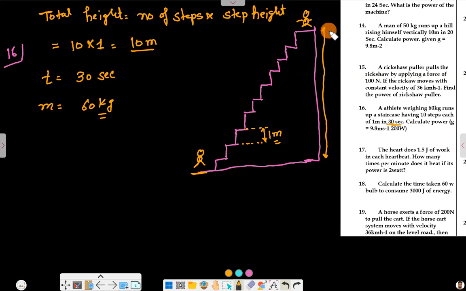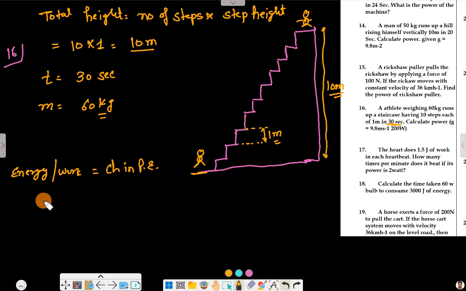Okay. And how much vertical movement? 10 meter equal to change in height. In case of vertical movement, what do we take? Energy slash work equal to change in potential energy.